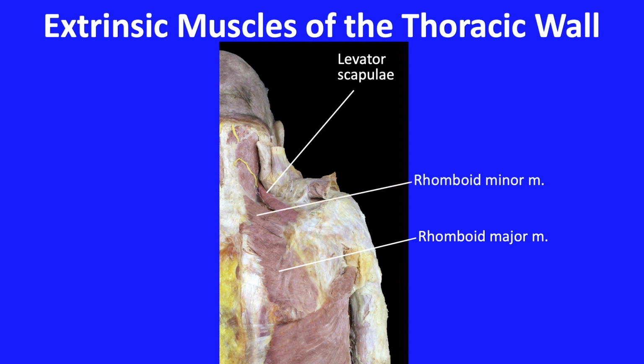Let me say right off the bat that these are not muscles of respiration, that they help move the limbs, and we will study them when we study limb movement. I mention them here simply because they're located in the thoracic region, albeit on the back.